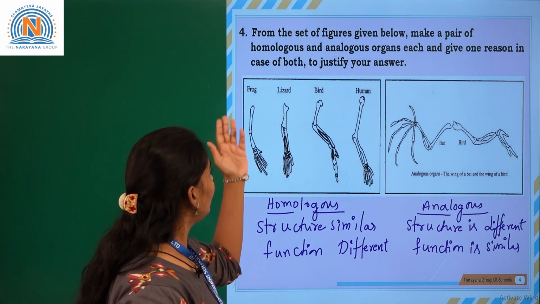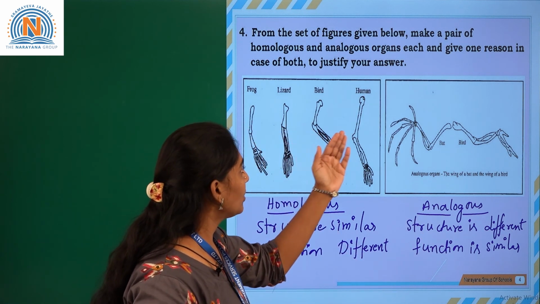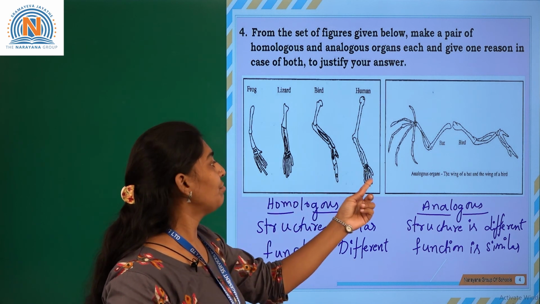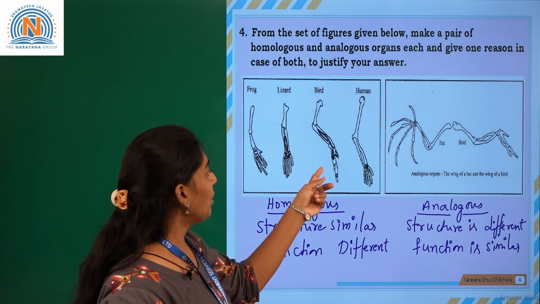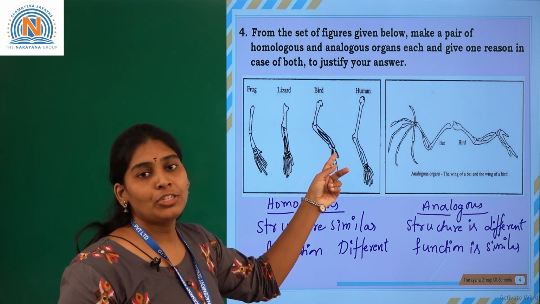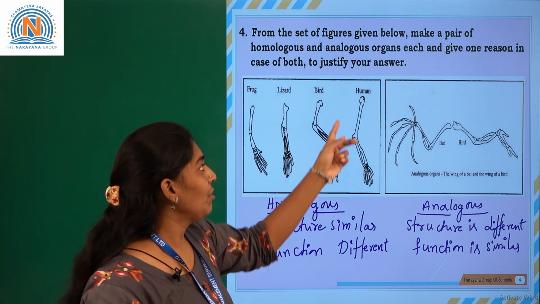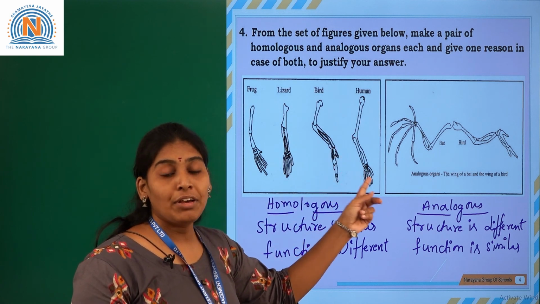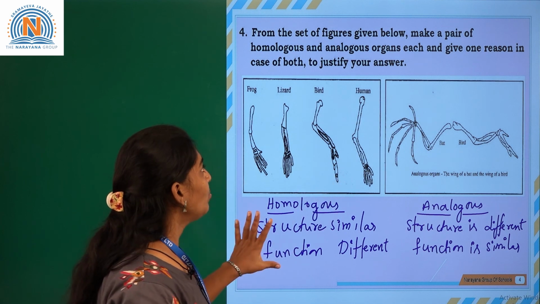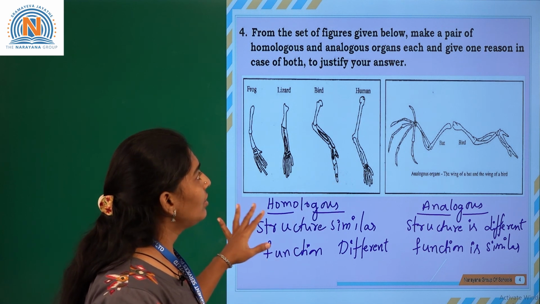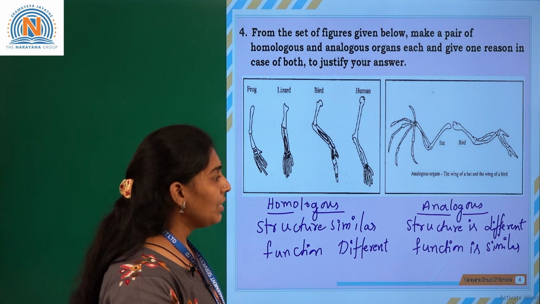The frog, lizard, birds, human beings all have forelimbs, but their function is different. For example, forelimbs of the bird are useful for flying, whereas in human beings they are useful for walking and running. So we can give the answer at a justifying level with these reasons.